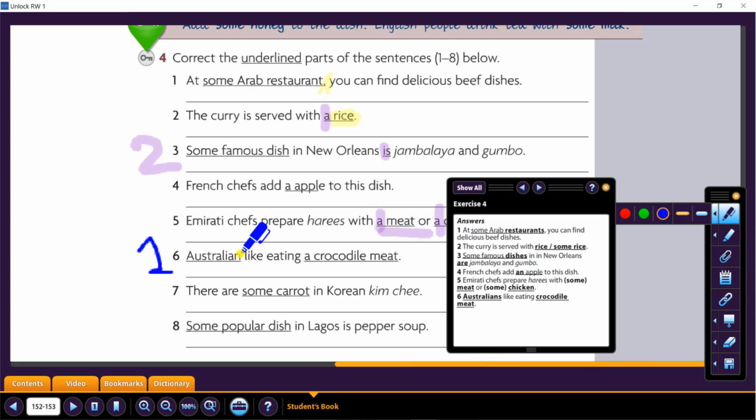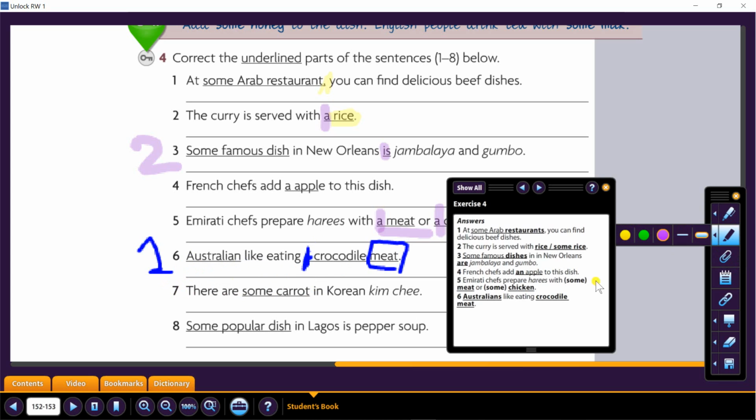Or some or many Australians? What do you think? Australians, yes, Australians like eating crocodile meat, because again meat is an uncountable noun, so we cannot add determiners before it.